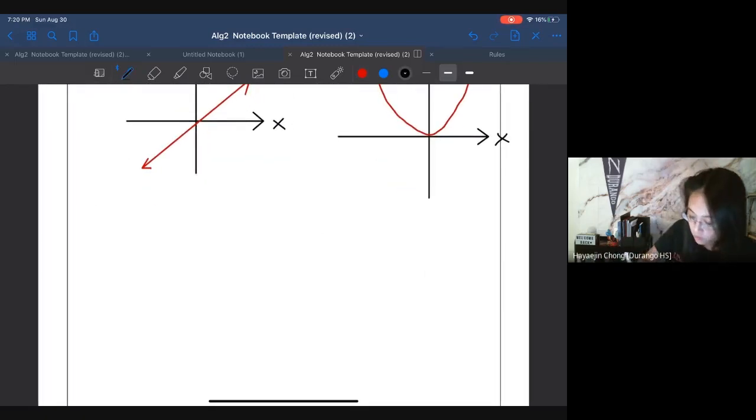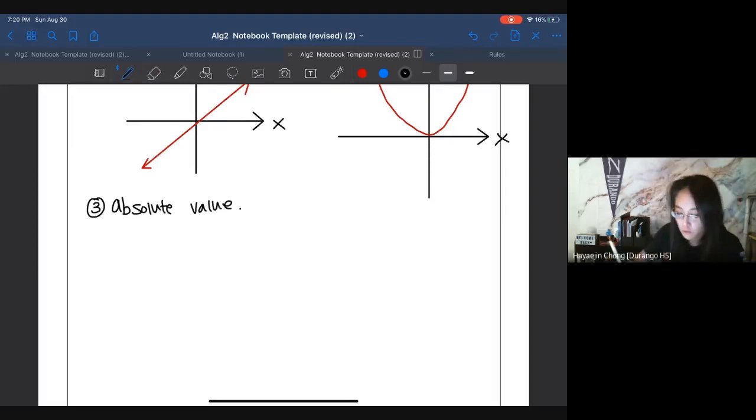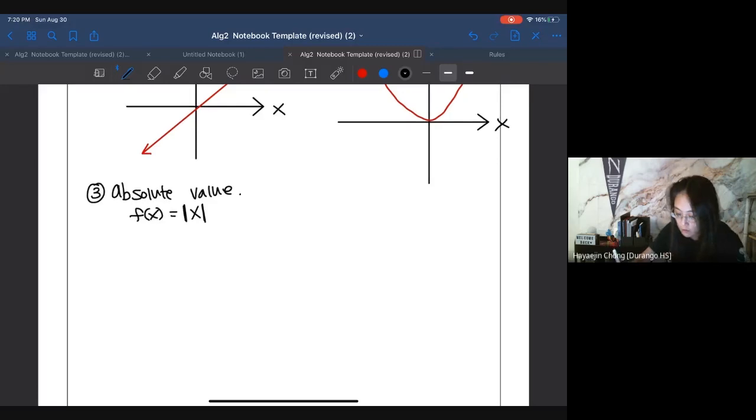And the next one, we have something called absolute value. We went over this a little bit during our review homework. It has bars, right? It's absolute value. Absolute value graph looks like this.